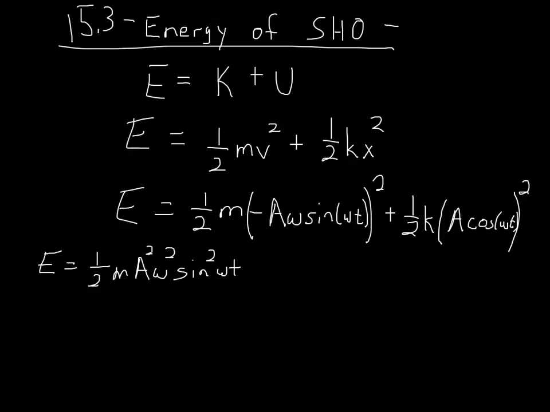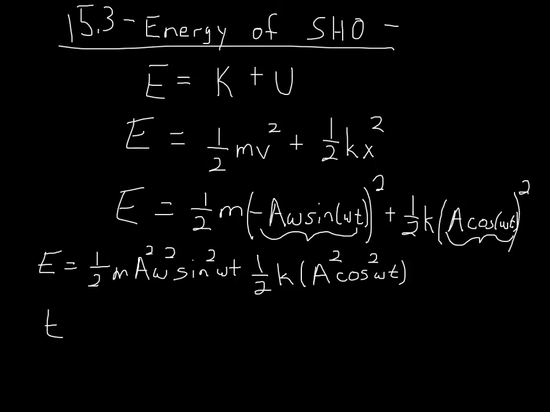That just comes from squaring this velocity. And I'm going to add on my 1/2, my k, times an a squared cosine squared omega t. And this comes from squaring my x. So now I have a new equation, and I need to shuffle things around.